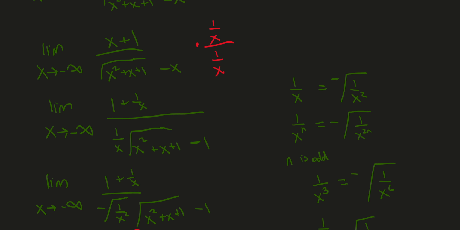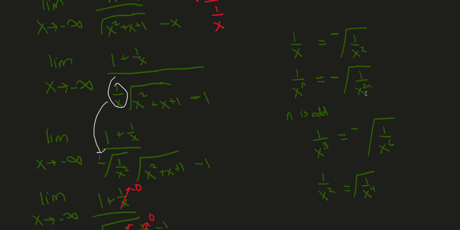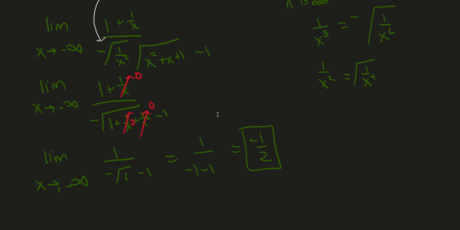If on this step right here, you're multiplying by 1 over x to some odd power, when you take this 1 over x and put it in a square root, you have to throw a negative sign out in front of it. Reason being is, remember, if you have 1 over x to an odd power and x is going to negative infinity, we know it's a negative number. And so we need to make sure the square root yields a negative number, so we throw that negative out there. Other than that, the problem solving process is the same.